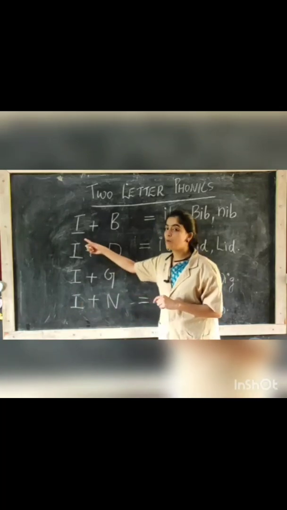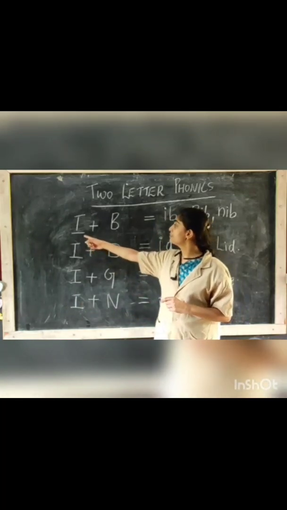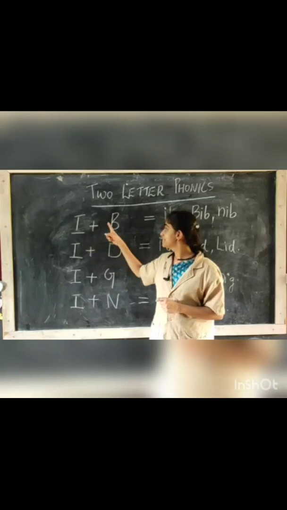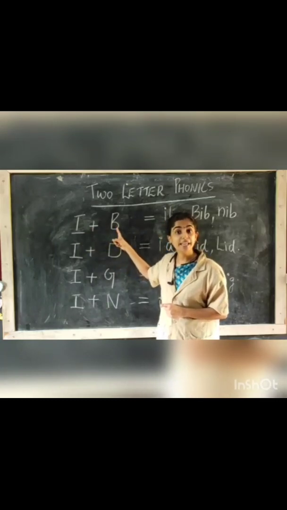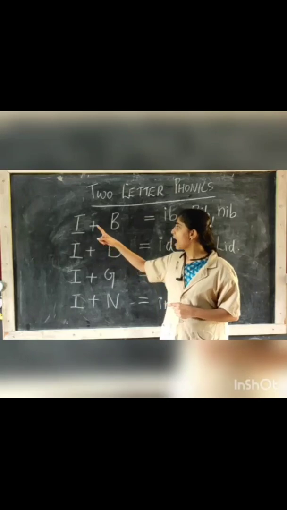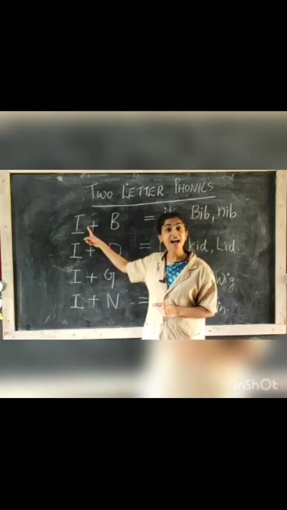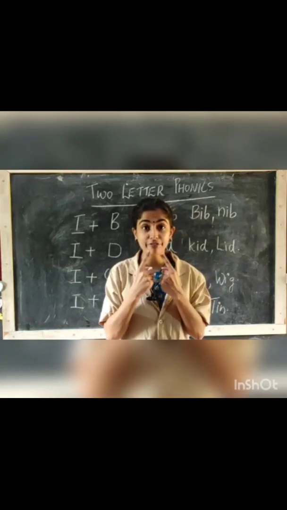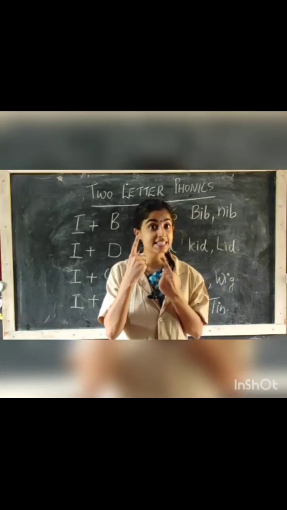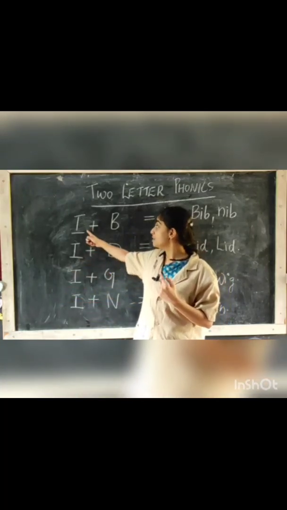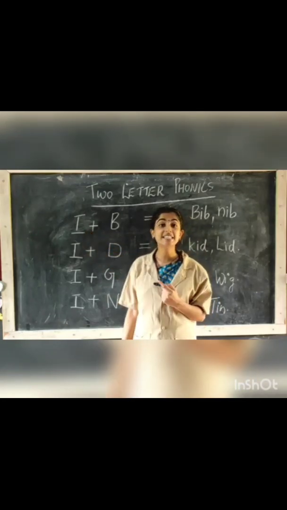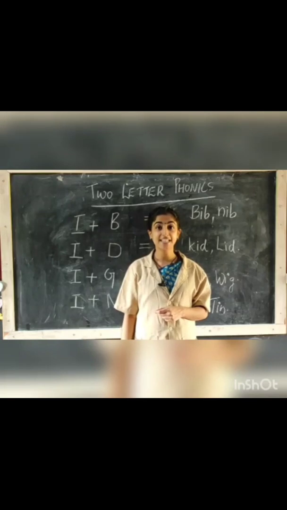You can see in the board. What is the first letter you can see? It is I. Second letter B, isn't it? So what is I sound? Look at my face towards my mouth to understand. What is the sound of I? It is I, isn't it?